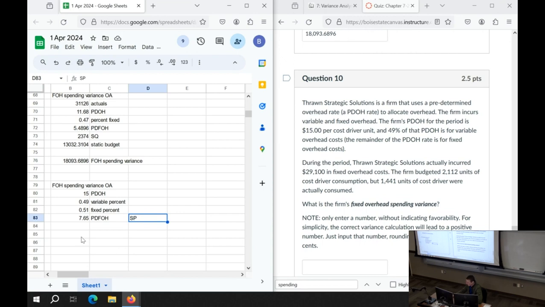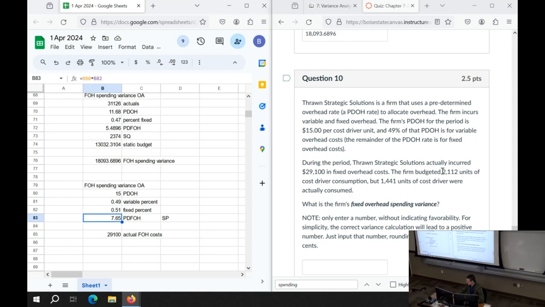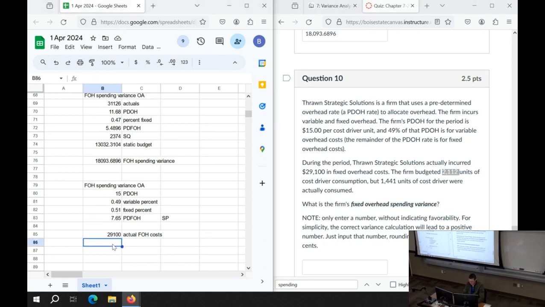We have actually incurred $29,100 in actual fixed overhead costs, which is just up there. And we can multiply this by our budgeted cost driver to get the static budget. 2,112 is our budgeted cost driver.